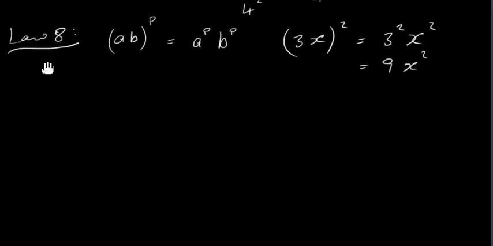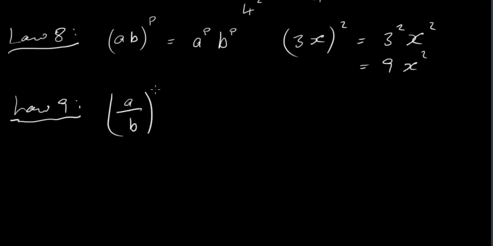Law number 9 is, let's say we have, here we had a multiplied by b, so here I'm going to do a divided by b, and I'm going to raise that to the power of p. So you do exactly the same thing. You raise a to the power of p and b to the power of p.